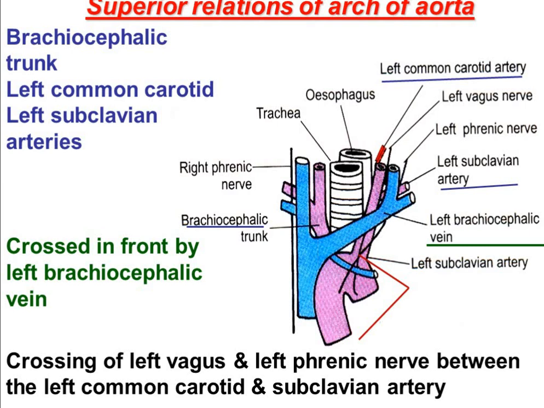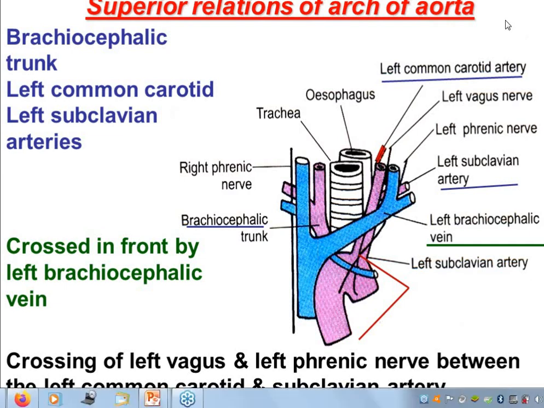What are going to be the relations of the arch of aorta? The superior relations of the arch of aorta will obviously be the branches of the arch of aorta.